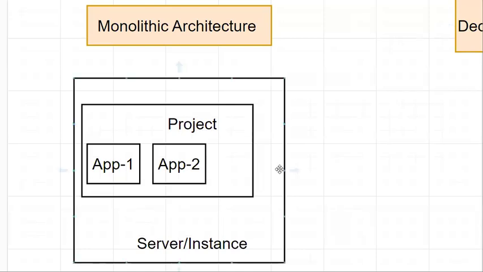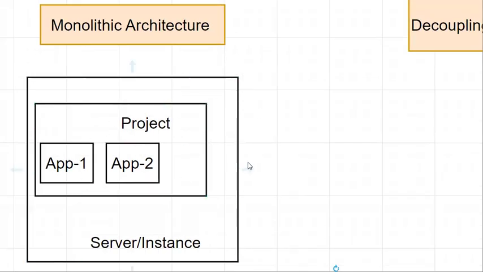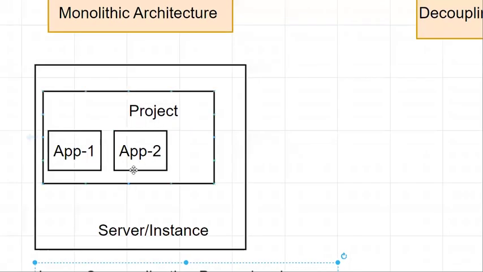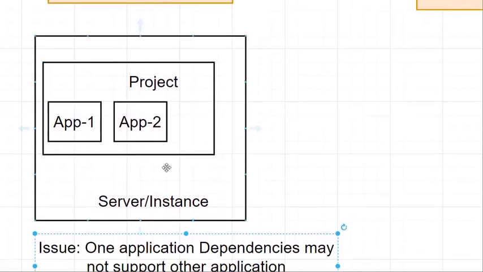Why? Because if we download one application, those software dependencies will be interlinked to application one, and those software dependencies are also linked to application two. That means both applications are tightly coupled in monolithic architecture. Now, let's write down the points as well. It might happen that one application's dependencies may not support the other application's dependencies being installed on the server, right?